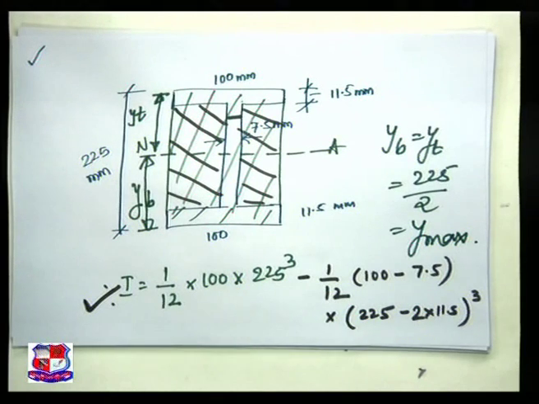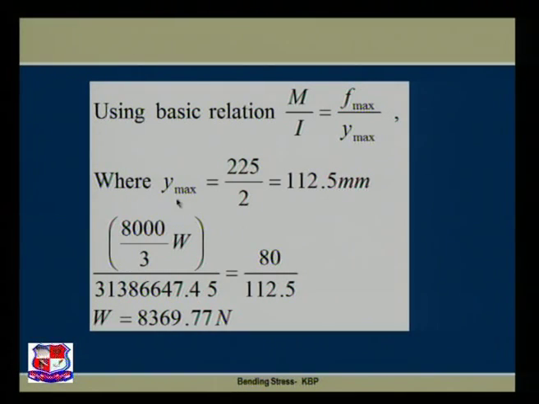So, please come on this PPT. We can find out y max is 112.5. Now, place the value. We know the value of M, that is 8 by 3 W into 1000, divided by the value of I that we have already found out from the previous PPT, that is 31386647.45, is equal to f max 80, that is given to you in the data, y max that is 112.5, and by solving this equation we found that W is equal to 8369.77 Newton.